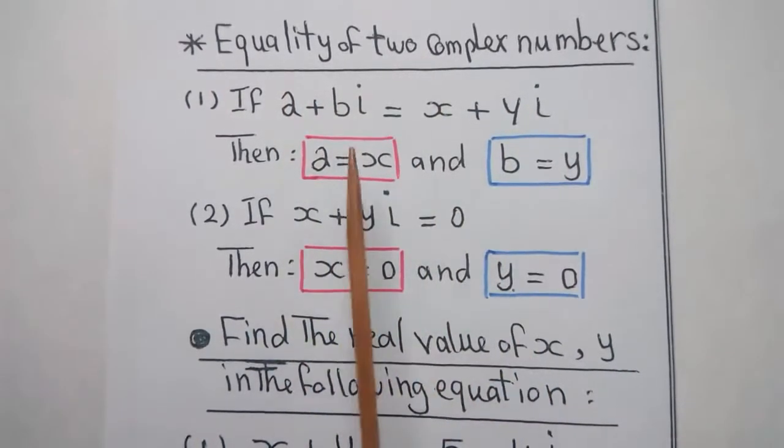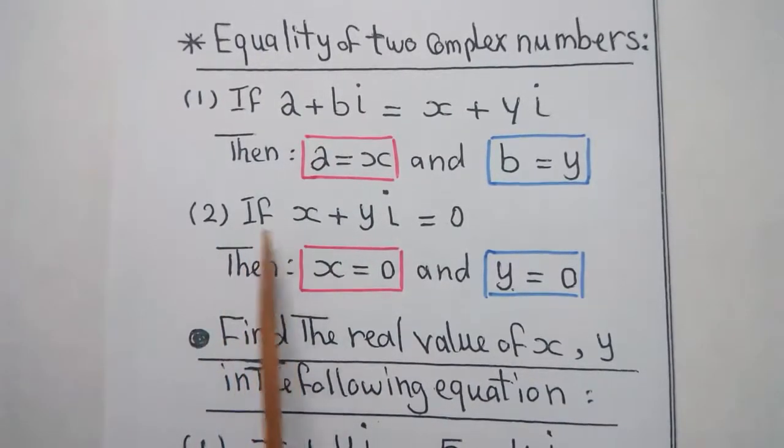Second case, the complex number equal 0, then x only equal 0 and y only equal 0, يعني each of both equal 0.